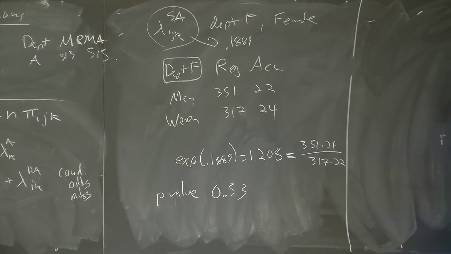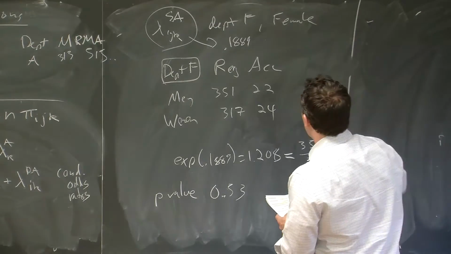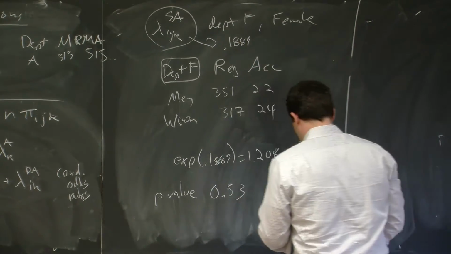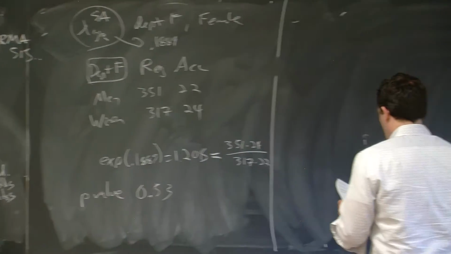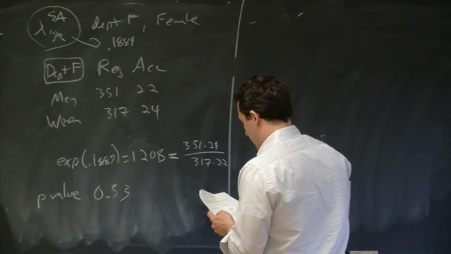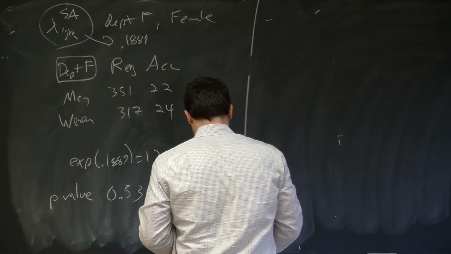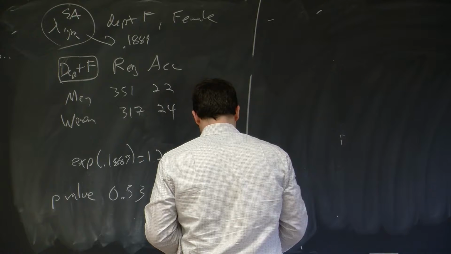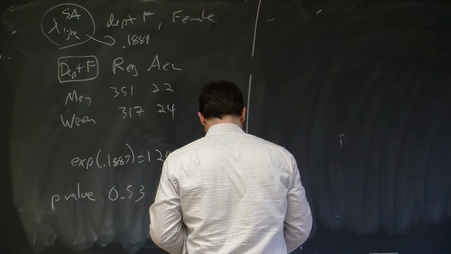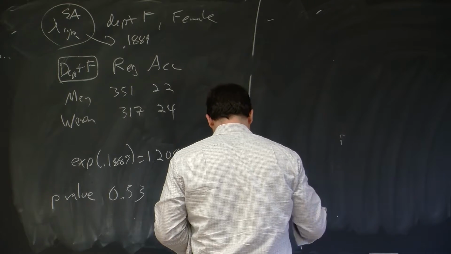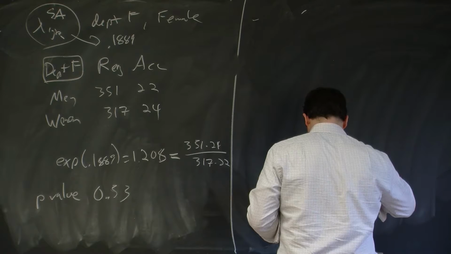And if we wanted to get the odds ratio for a different model, or for a different department, we would need to combine that with one of the interaction terms. So let's see, 0.86.